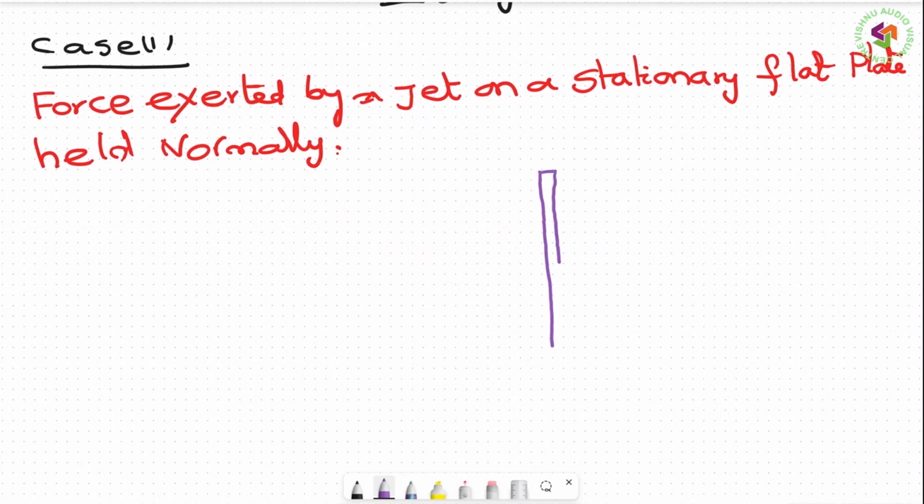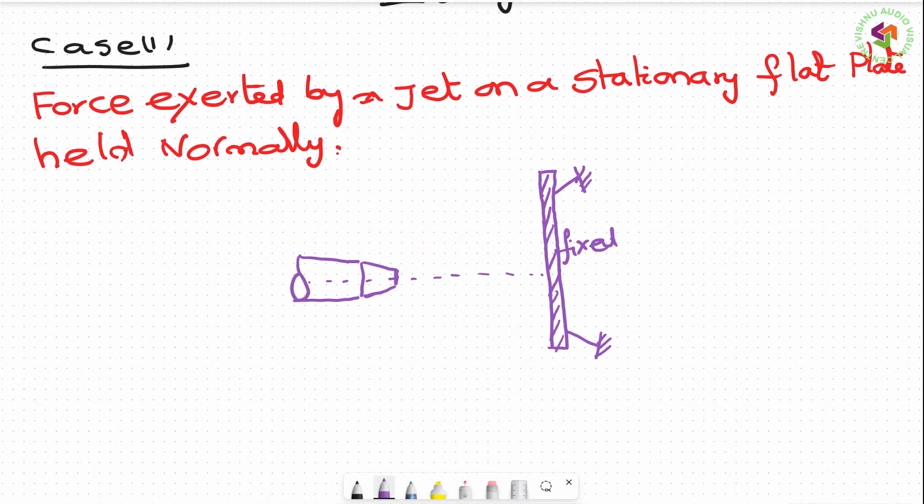So this is the plate. This plate is fixed, right? It's a fixed, stationary plate. The jet is striking normal to the plate.